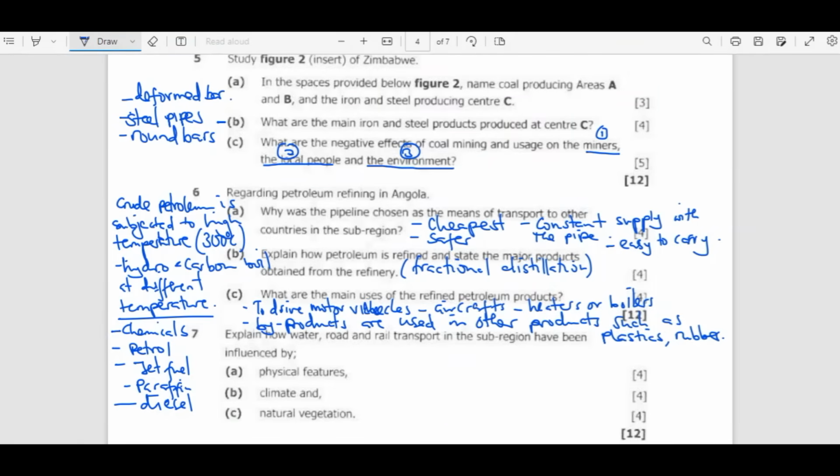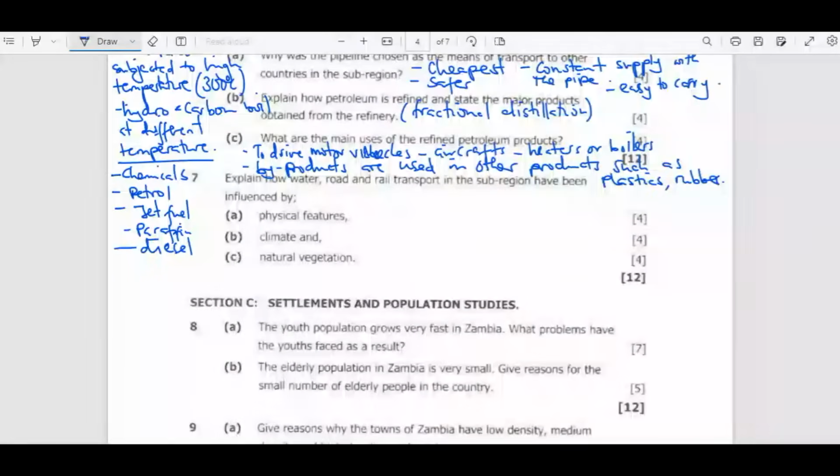So we can move to the other question, which is: explain how water, road, and rail transport in the sub-region have been influenced by physical features. So physical features, number one, presence of waterfalls. So waterfalls and rapids have resulted in situations where only sections of rivers are used for navigation.